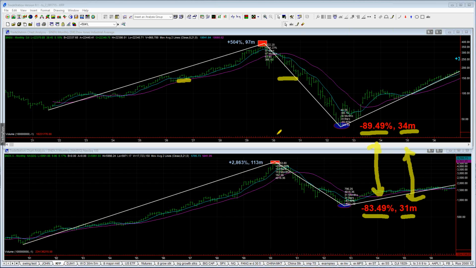And actually this decline had a number of things. There were no large rallies in either one of these, although this had about a 3-month rally in here, this had a 3-month rally here, and then 2 months here, 3 months here. And for the most part, these followed very similarly.